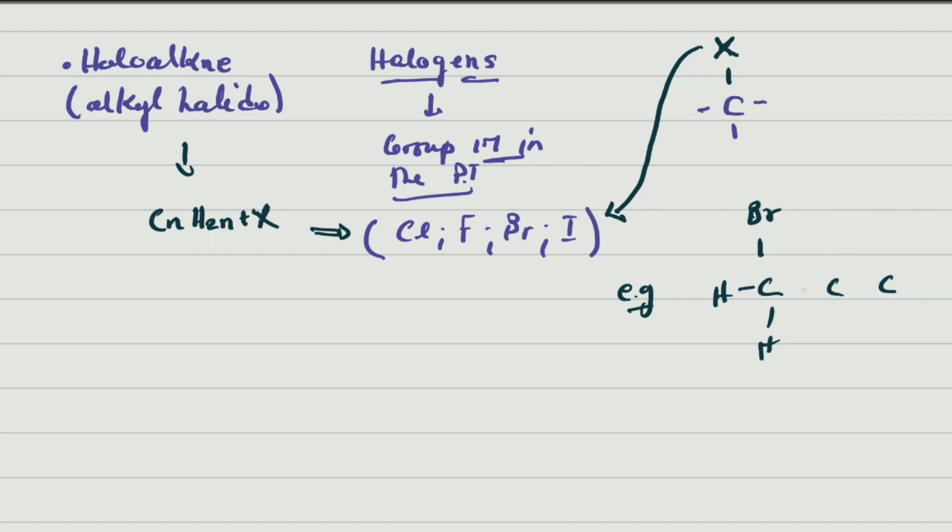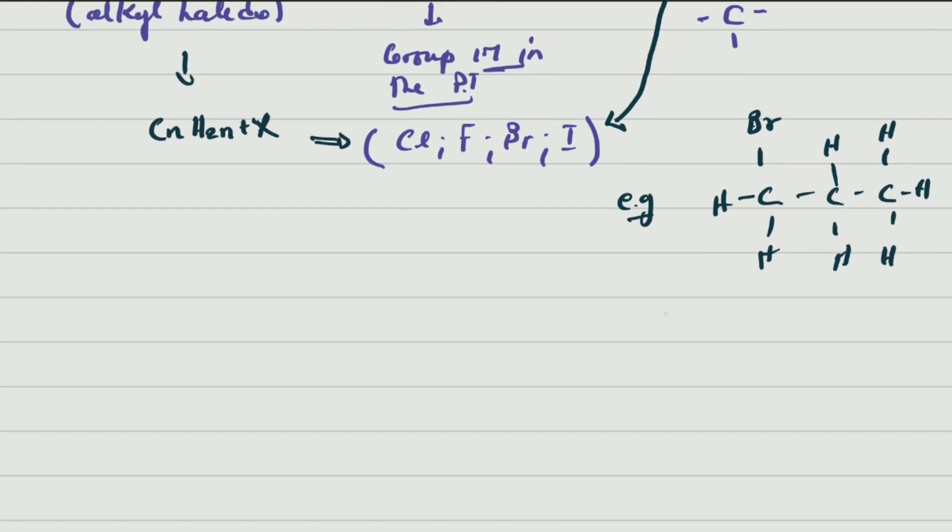But it could be more than one Br, it could be one Br and one F. It doesn't really matter there. Now the name of this one, but remember, you're going to learn naming later on, is 1-bromopropane. That is the name for that one.